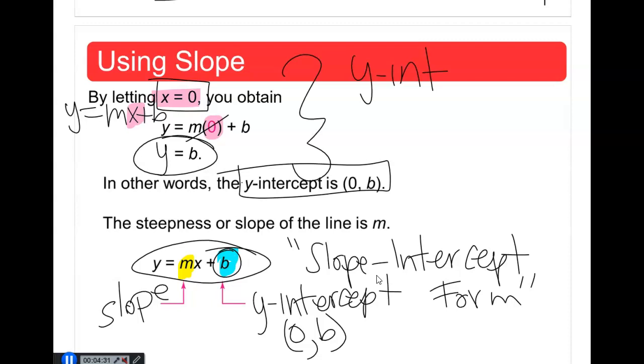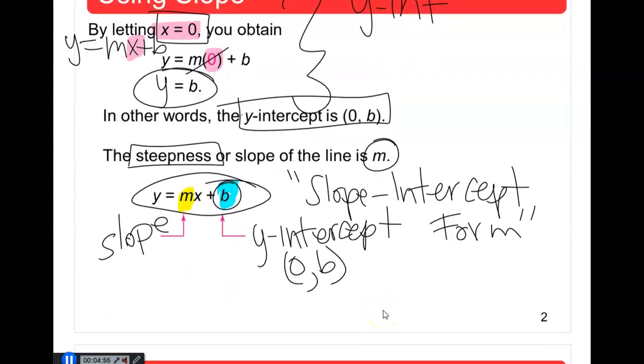And the slope, I already told you, the definition is the rate of change, the average rate of change, I should say. But it also tells you the steepness of the line. And if you take more math classes, then you will learn other meanings for that.